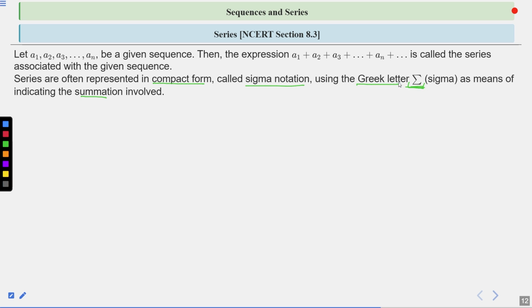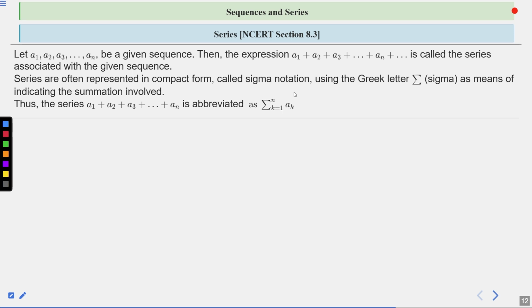Yes? If you have a finite sequence, meaning finite terms, say n terms in a given sequence, the series associated to the sequence is simply a1 plus a2 plus a3 till an.